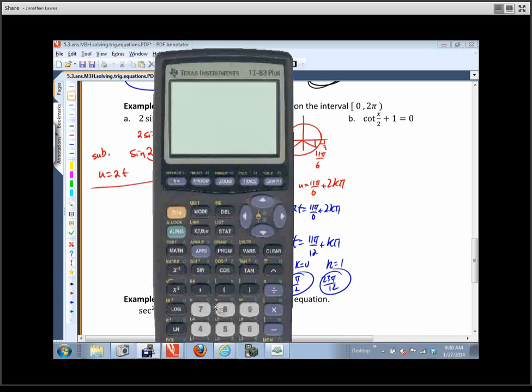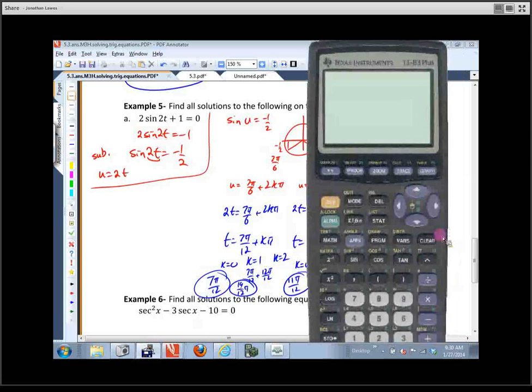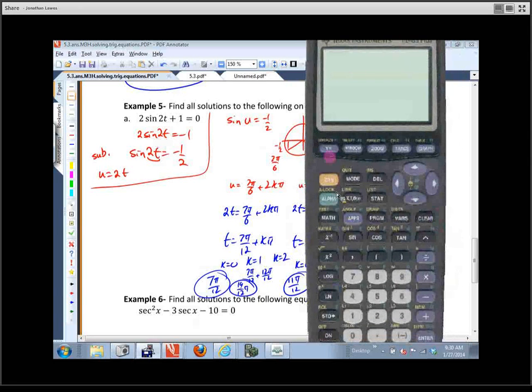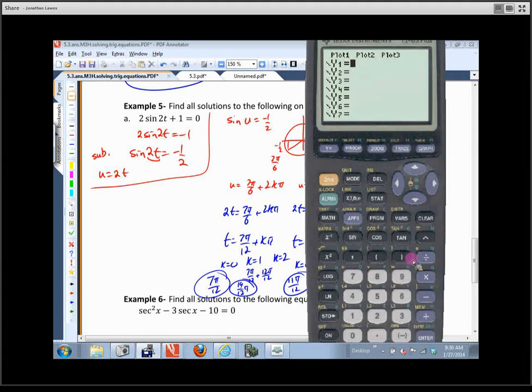So when this comes up, here's what we're going to put in here. Okay. So I'm going to go to y equals, and I'm going to clear everything off here. And I'm going to type in sine x, and I'm going to close the parentheses. Then I'm going to type in negative 0.5. I'm going to set up the window, so I need to check the mode.